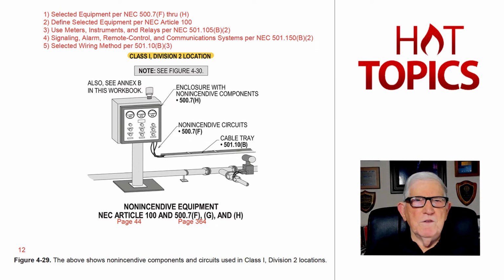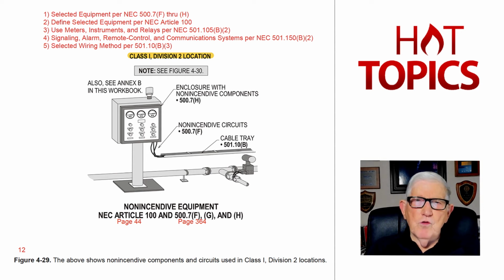And then, of course, the 5th step is selecting your wiring methods from 501.10B3 for non-incendive circuits. So that's going through steps 1 through 5.